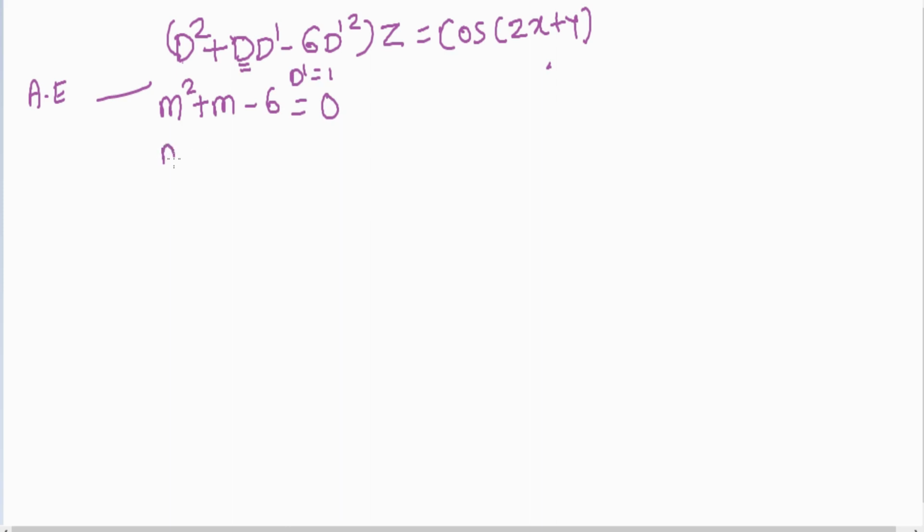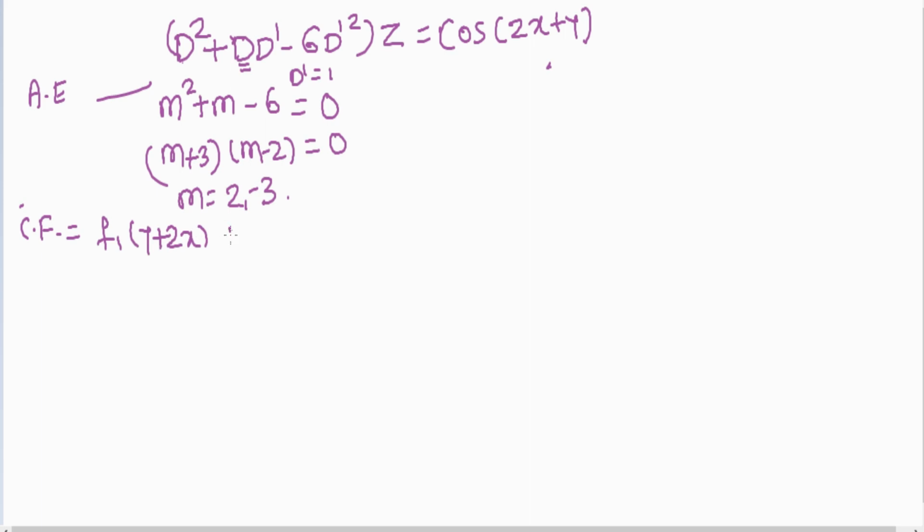Factors of these are (m plus 3) and (m minus 2) equal to 0. M equal to 2, minus 3. Hence, the complementary function equals f1 of (y plus 2x) plus f2 of (y minus 3x).